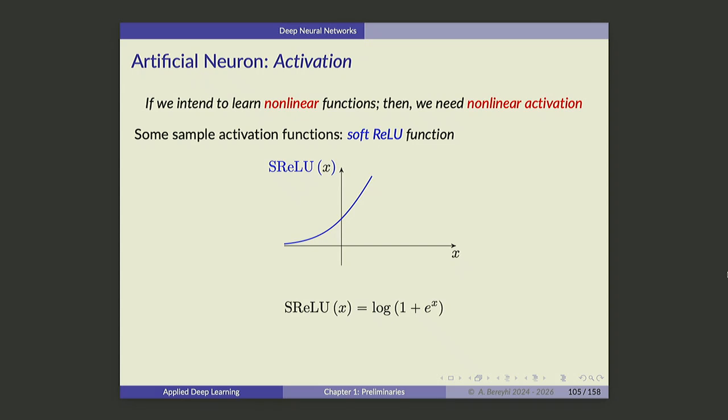Now, what if x is very, very small? If x is very negative, e to the power of a large negative number is roughly 0, right? So you can ignore this term, then this is log of 1, which is roughly 0. So again, you start from 0, you are pretty much there, and then when you go towards infinity, you're roughly looking at a linear function, right?